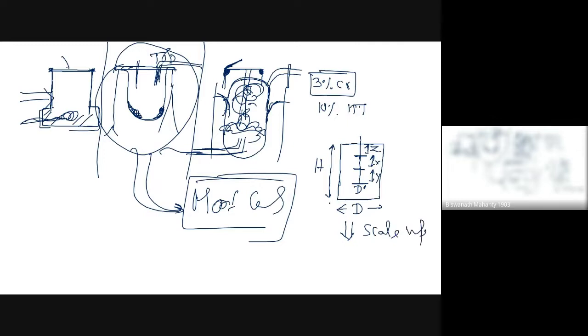You will never find a fermenter where the diameter is bigger than its height. Normally in industry you will not find that. So the height to diameter ratio is mostly greater than 1, like 1.2, 1.3, 1.5. So this dimension is always defined.